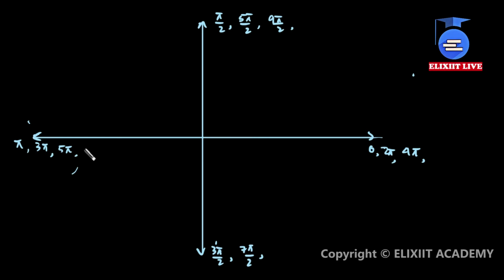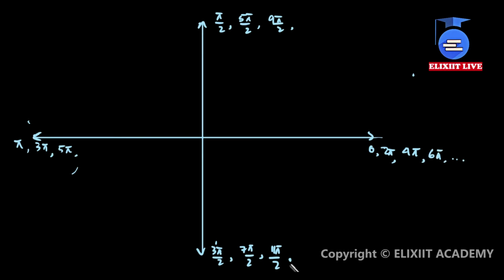Then we have 11 pi by 2. Then, and so on, this continues. 11 pi by 2, then 12 pi by 2. 12 pi by 2 means 6 pi. And so on, this continues.